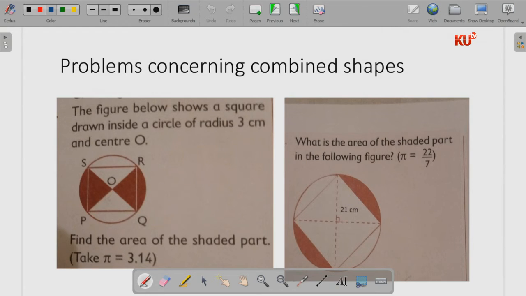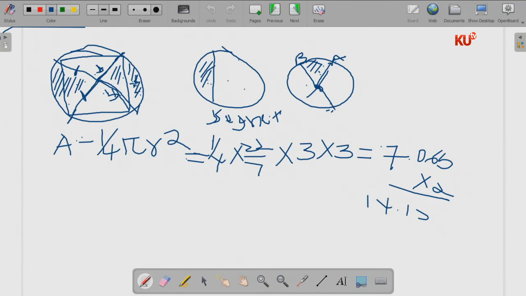The other question, now this one is tricky, and you have to be careful because you can see they have only given us the segment. They have not given us the sector. Let's try that.